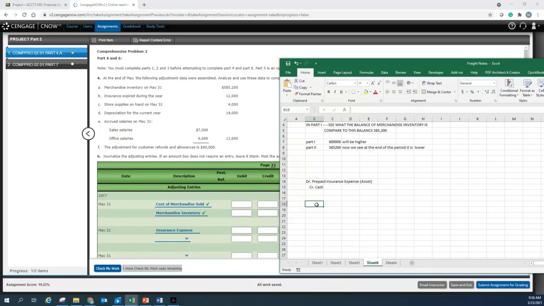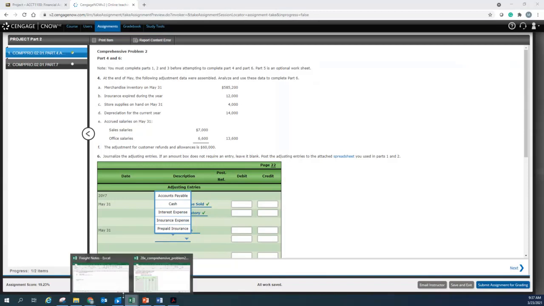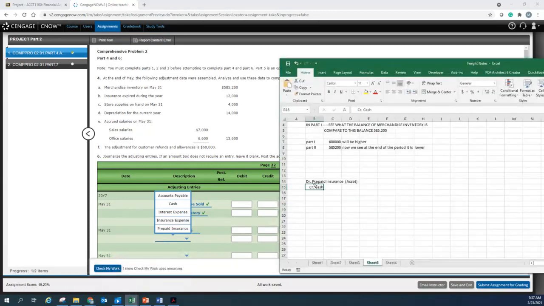You need to adjust that. I think Cengage uses prepaid insurance here. Yeah. That's what we go with. Prepaid insurance, which is an asset, and we need to adjust it 1 month later.